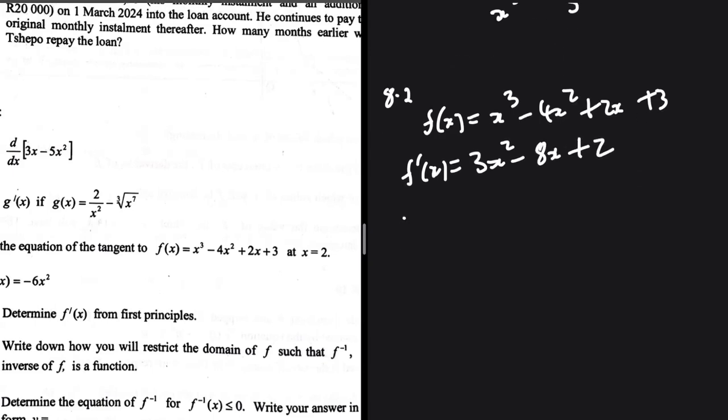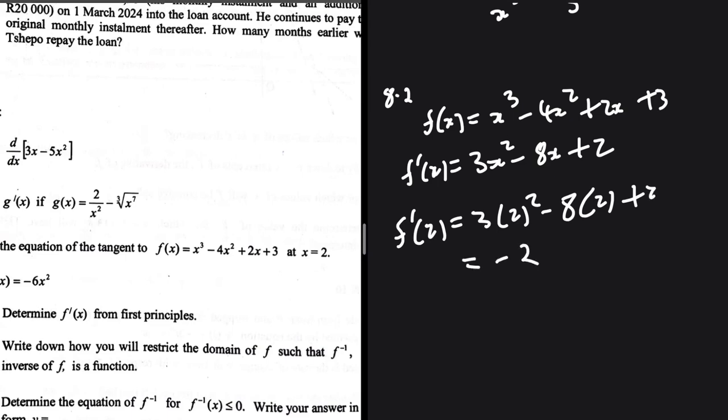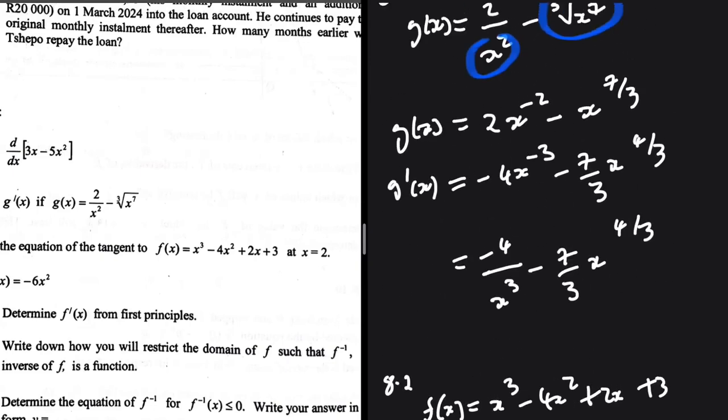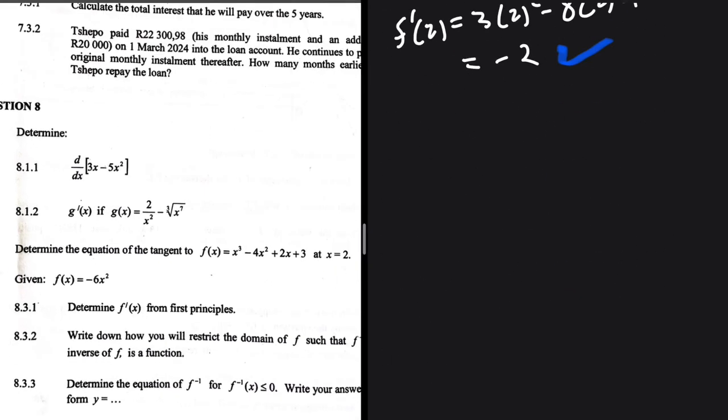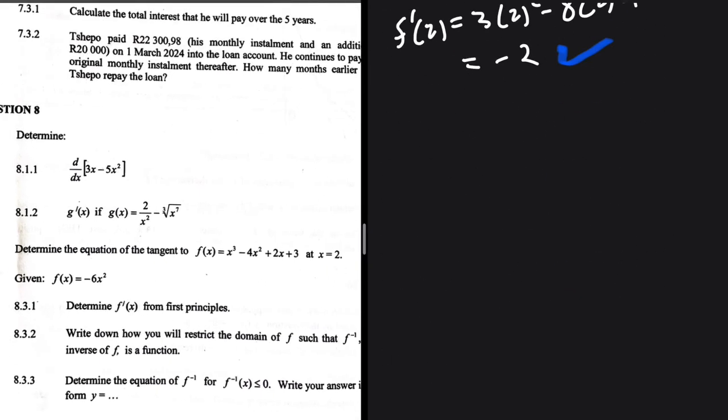And then we substitute 2. So f prime of 2 equals 3 multiplied by 2 squared minus 8 multiplied by 2 plus 2. And I think this is minus 2. So that is 8.2.